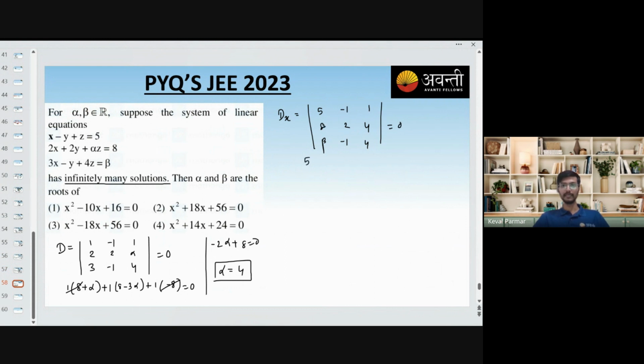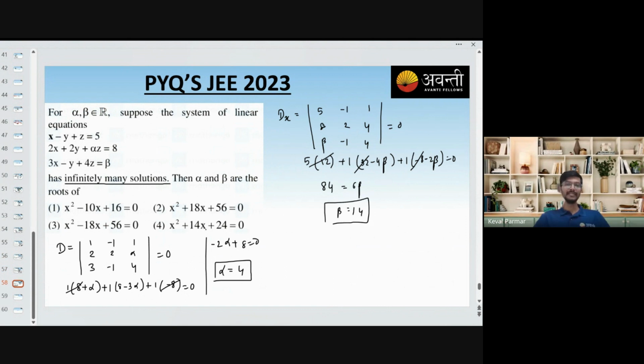So we'll get 5 into (4 into 2, 8, plus 4, 12), plus 1 into (8 into 4, 32, minus 4 beta), plus 1 into (-8 minus 2 beta) equals to 0. 12 into 5 is 60 plus 32 is 92, minus 8 is 84, minus 4 beta minus 2 beta, 6 beta. So beta equals to 14.